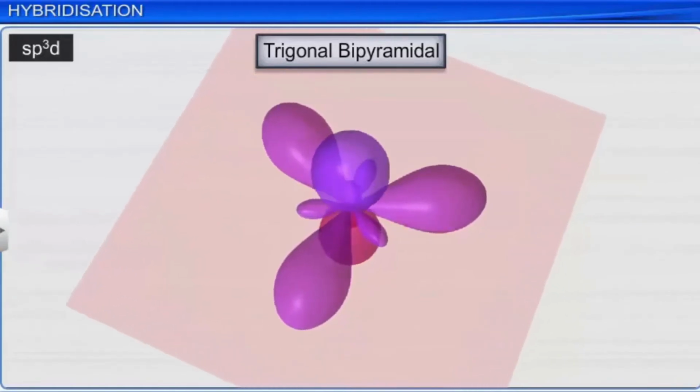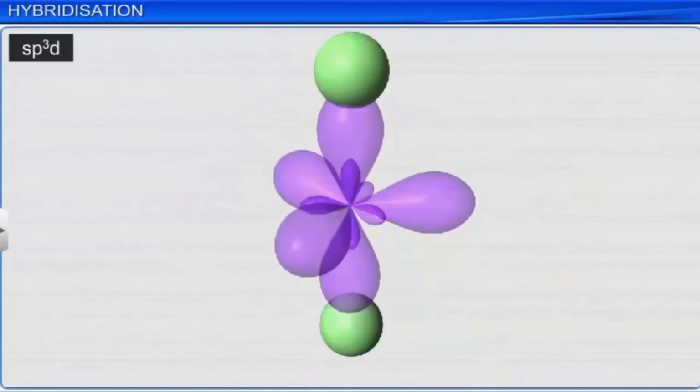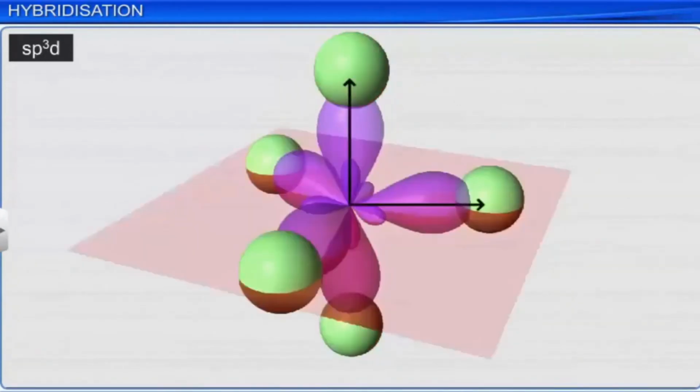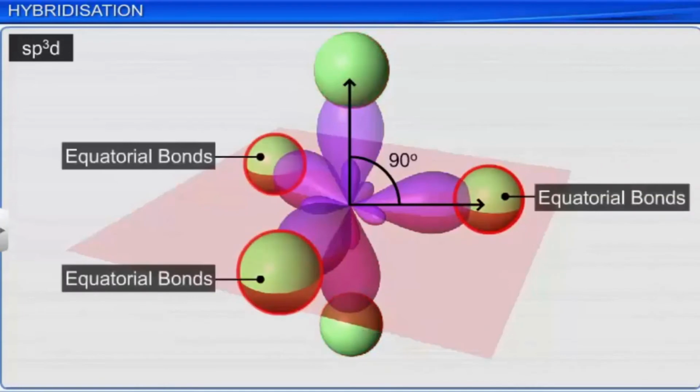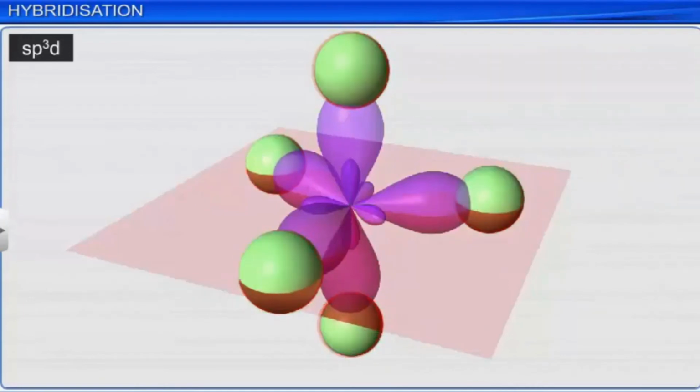The remaining two orbitals arrange themselves above and below the equatorial plane, forming an angle of 90 degrees with the orbitals on the equatorial plane. The bonds formed by these two orbitals are called axial bonds. The axial bonds are repulsed by the equatorial bonds, causing them to be longer and weaker than the equatorial bonds.